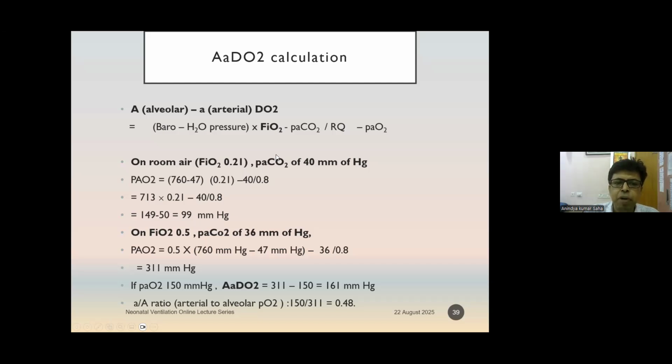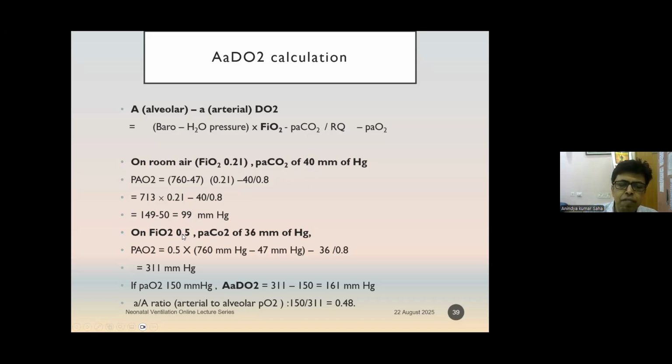And this part is the partial pressure of carbon dioxide. If the baby has a PaCO2 of 40 and the respiratory quotient is normally 0.8 to 1, then 40 divided by 0.8 is almost 50. So 150 minus 50 is 100 millimeter of mercury. So in room air, with 21% oxygen and a carbon dioxide pressure of 40, the alveolar oxygen is around 100.